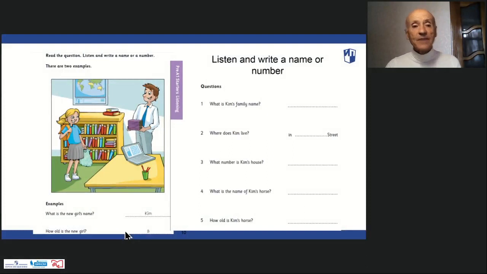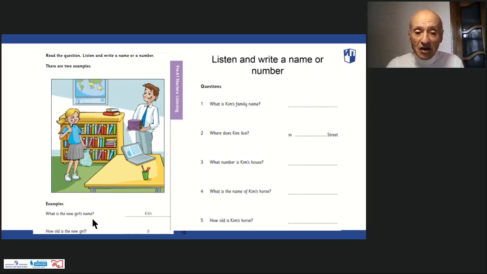Another one. Read the question, listen, and write a name. Here children need to be able to write a name or a number. They have to write numbers clearly, distinctly, and correctly. And there are two examples.